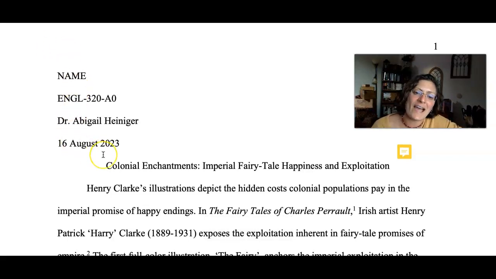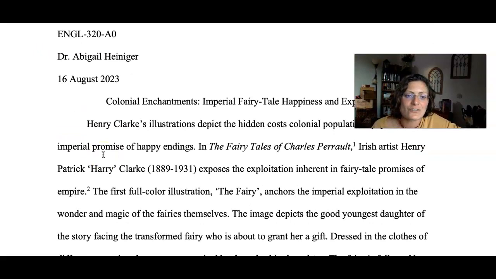And it's looking at the way this illustrator, Henry Clarke, usually called Harry Clarke, is incorporating race into 19th century fairy tale images and actually doing it in very problematic ways that reflect larger ideas of empire in Great Britain, which Harry Clarke, as one of the few Irish fairy tale illustrators, is confronting head on at this time.